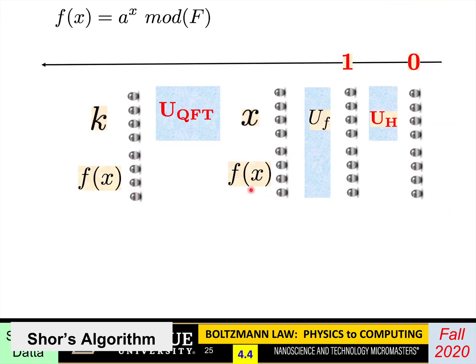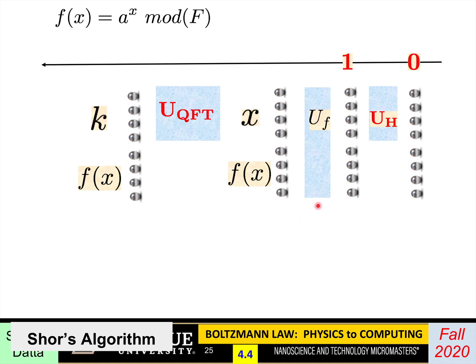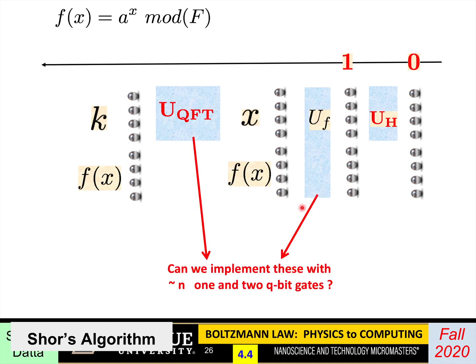And again, if this was a course on quantum computing, then the next point we would be discussing is how do we implement these transformations using of the order of n gates? Because again, if you need 2 to the power n gates, then it's not very useful.